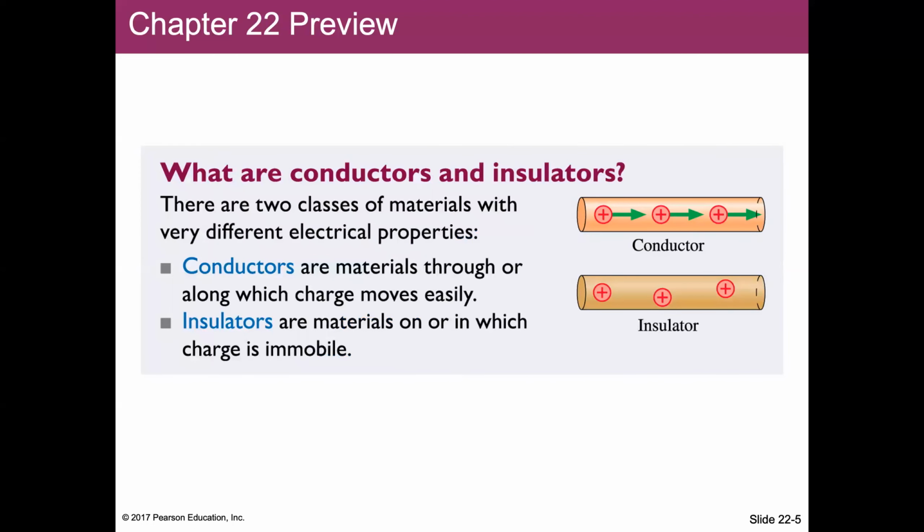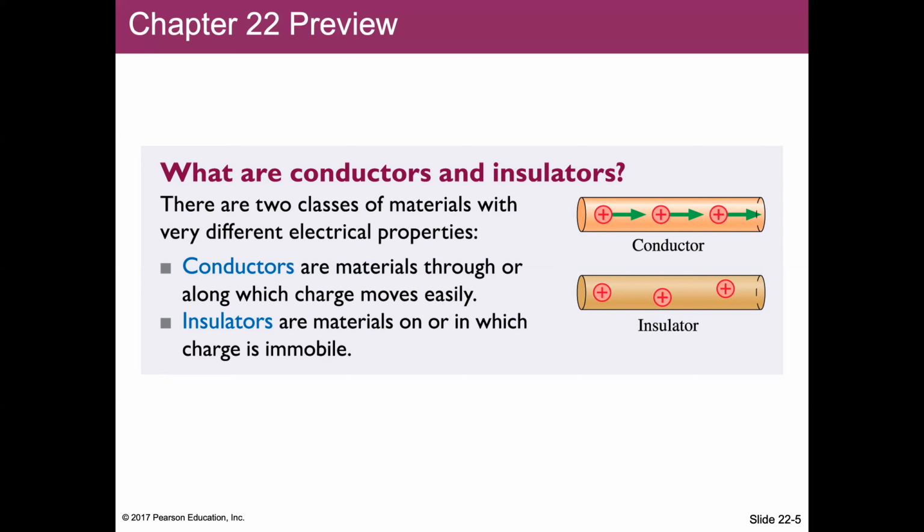And then we're going to learn what conductors and insulators are. So conductors are the materials through or along which the charges move easily. For example, the wires. For example, when you charge your phone, there are some conductors in the wire. So the wire can transfer the electrons from the circuit in the wall into your phone. So this is a conductor.